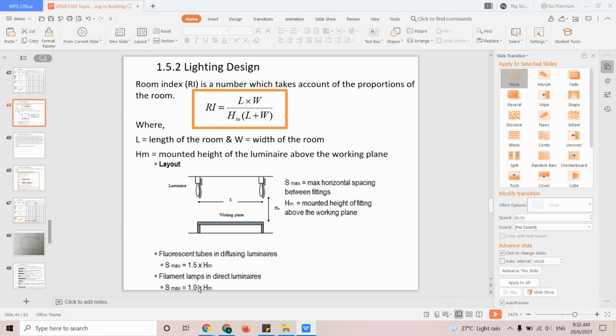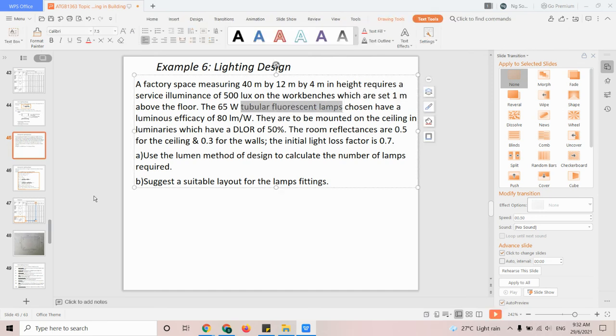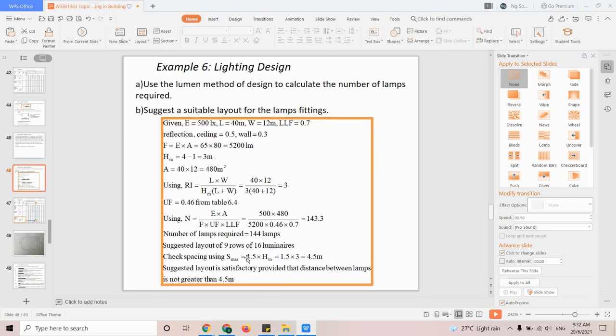But if it's a filament lamp, then you have to use this formula, which is just multiply by 1 meter of their height. In example 6, we are using a tubular fluorescent lamp, so we multiply by 1.5. We get the maximum spacing for our light is 4.5 meter.